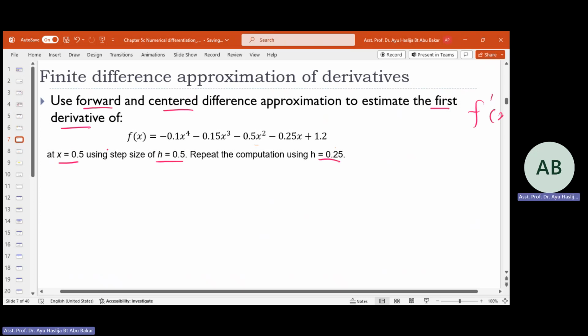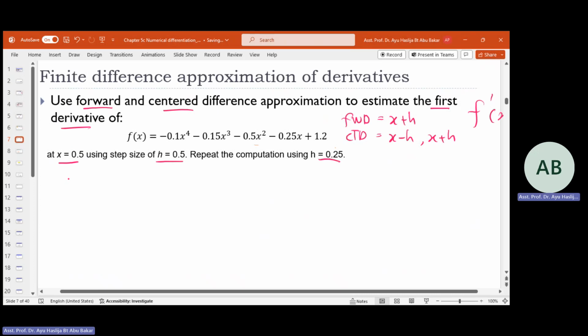Forward, centered. Forward will involve x plus h: you move one step ahead. If centered, it will involve x minus h and x plus h, right? So you need this data.